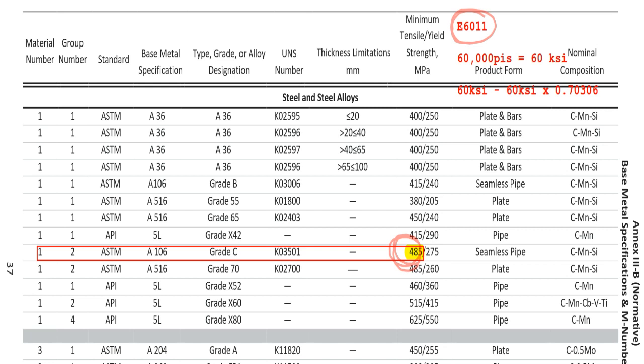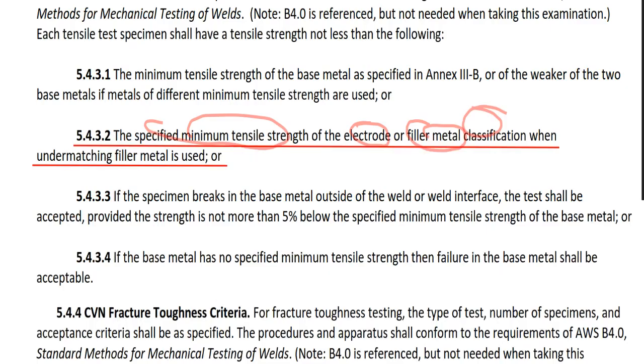This is smaller than 485 MPa. So this is undermatching. Then you select the tensile strength of this electrode, not the base metal. The tensile strength acceptance criteria of the minimum tensile strength is the electrode's. This is 5.4.3.2.